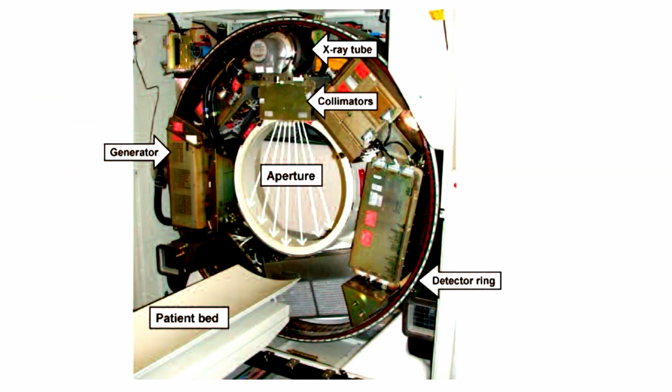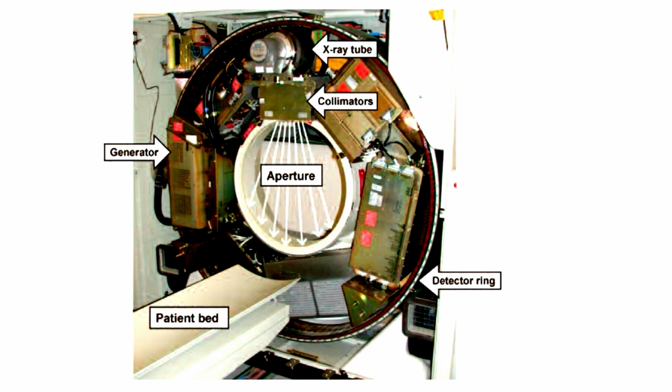Now let us see a cross section image of the gantry. The topmost part is the X-ray tube, from where the X-ray beams come out, and the collimator. Because of this collimator, a narrow beam of X-ray is present in the gantry.